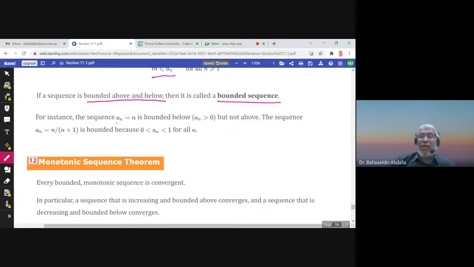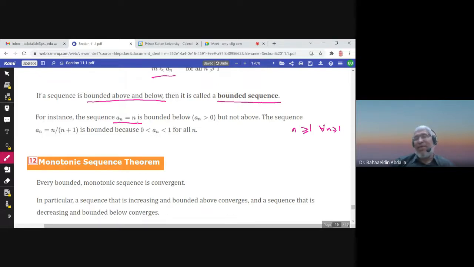Another example, the sequence n: 1, 2, 3, 4, 5. It is bounded below by 1, because an, or n, is greater than or equal to 1 for all n greater than or equal to 1.